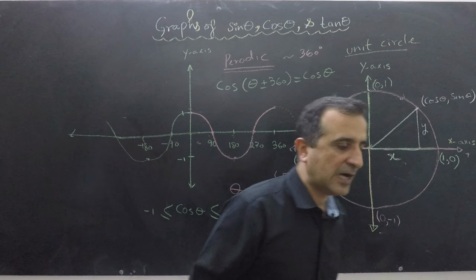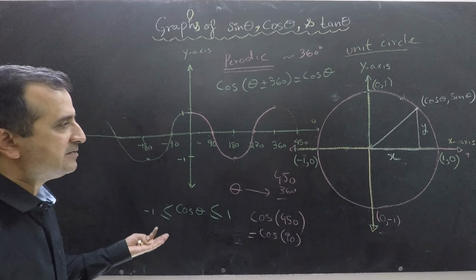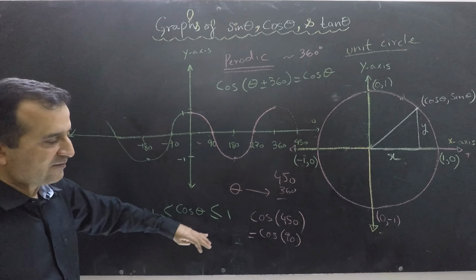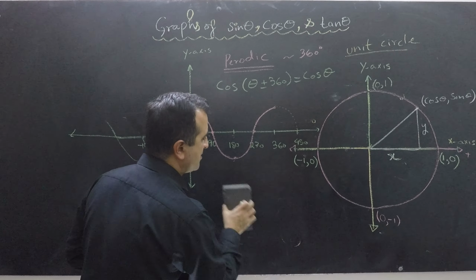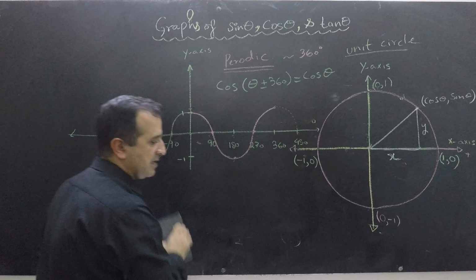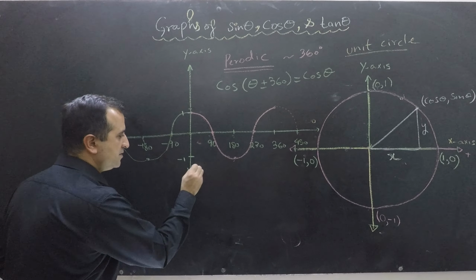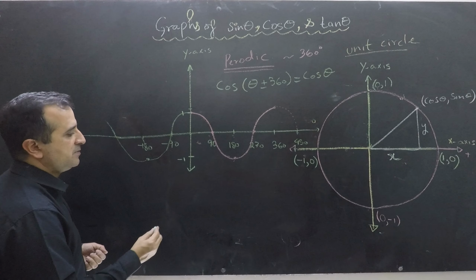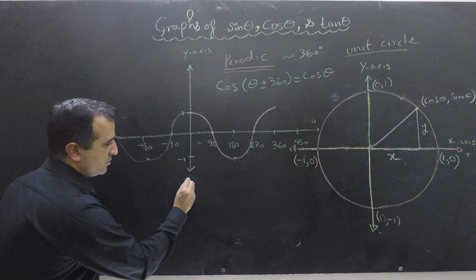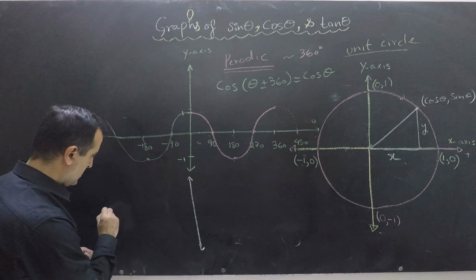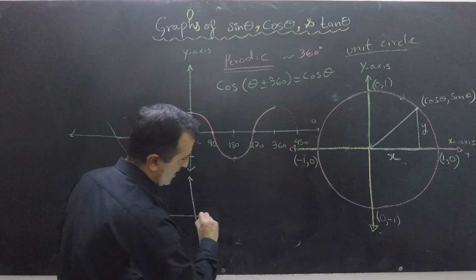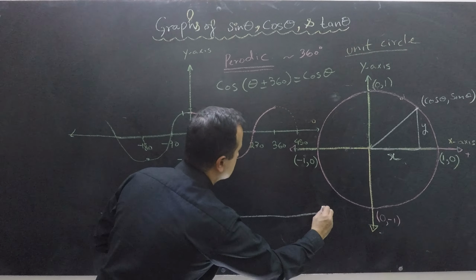Now we have to draw the graph of sine theta, and for comparison, I'm going to draw the graph of sine theta here. It is very much similar to this. These two functions have lots of similarities. So now this is going to be my y-axis, and here is going to be my x-axis.